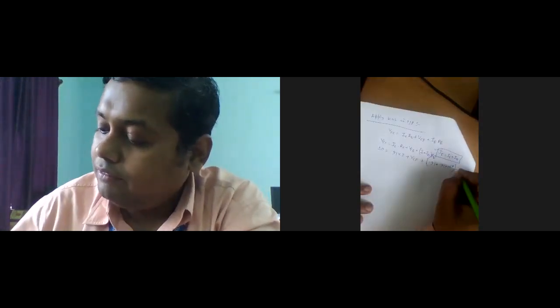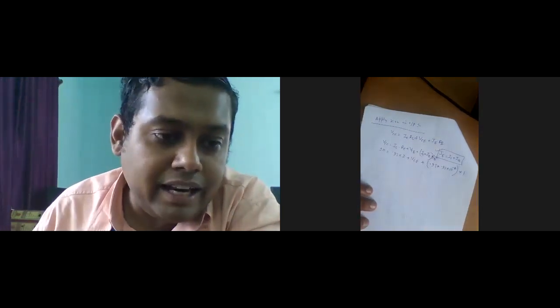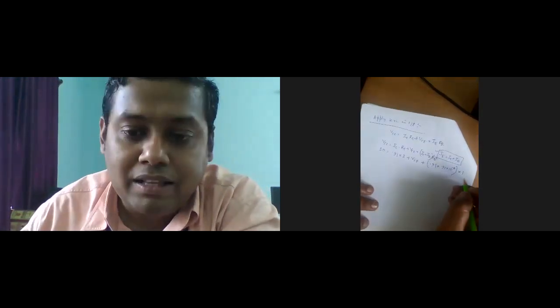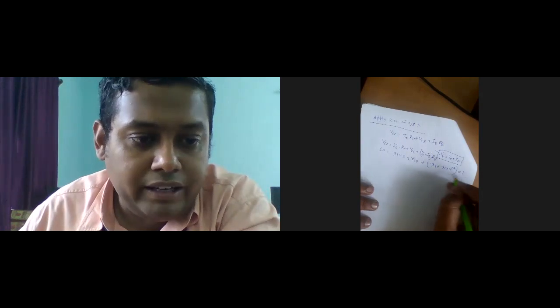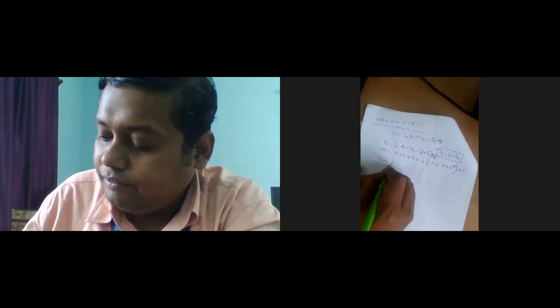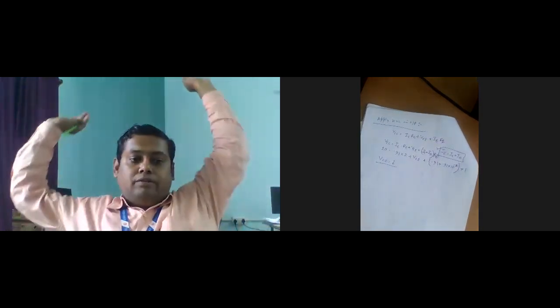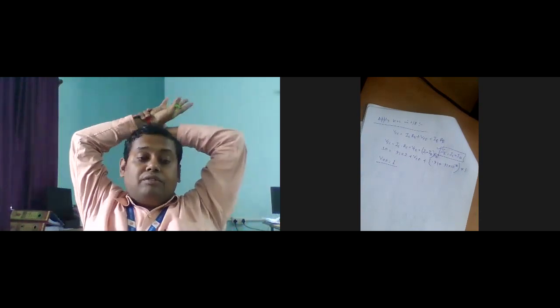So 10 to the minus 3 and plus 3 cancel out, so it is 1 again. So find out the value of VCE. We already substituted the values. What will be the value of VCE?